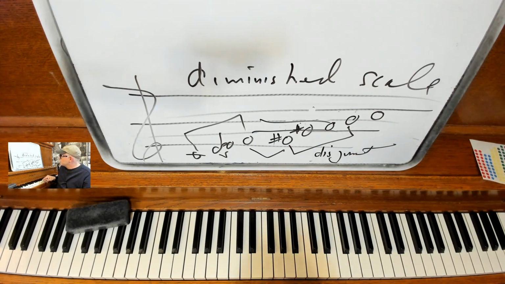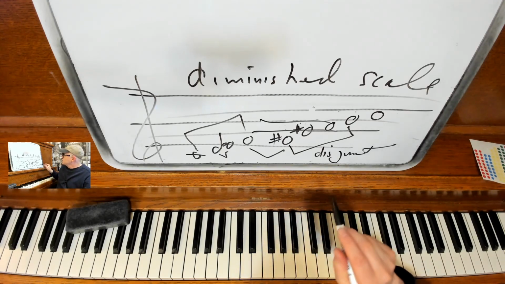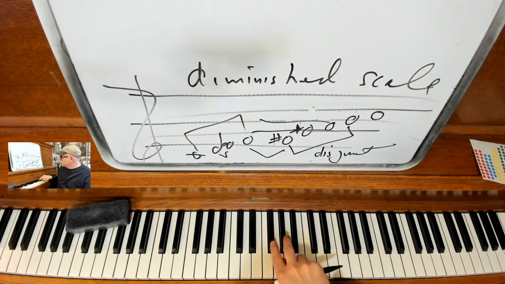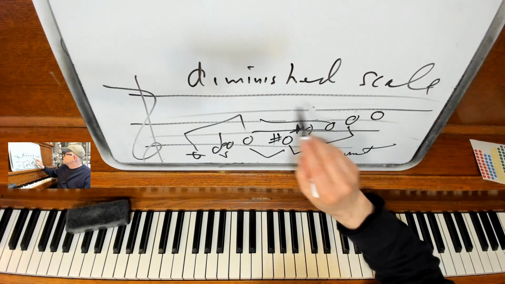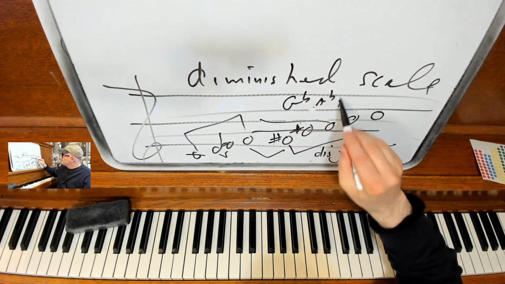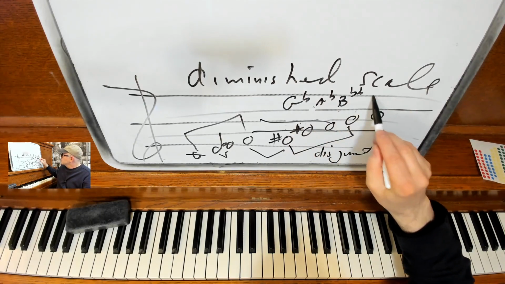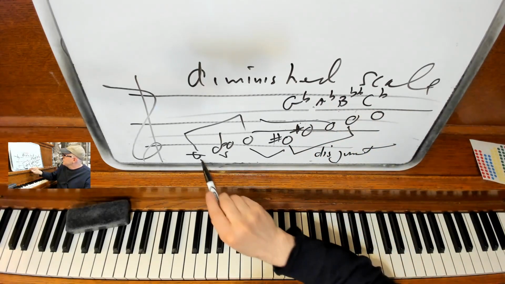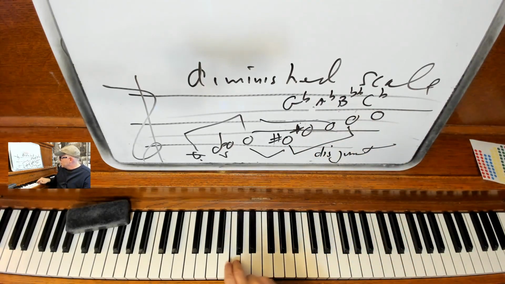If I spelled it another way, I could spell it G flat, A flat, B double flat, C flat. And again, C to C double flat is clearly not an octave. Okay, what is that? Well, an octave is a perfect interval, and when you lower it a half step, it becomes a diminished octave.